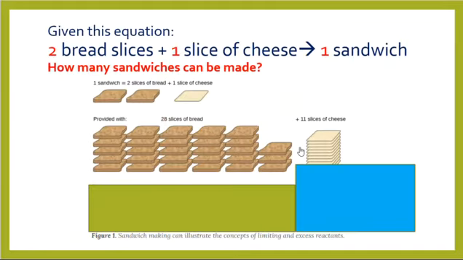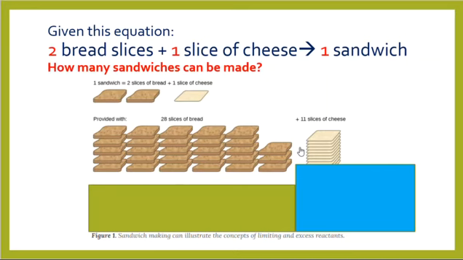Observe the ingredients here to make 1 cheese sandwich. Given 2 slices of bread plus 1 slice of cheese, we should be able to produce 1 sandwich. Notice how the ratio of reactants differs from the previous example. 1 slice of cheese is used with every 2 slices of bread to make 1 cheese sandwich.